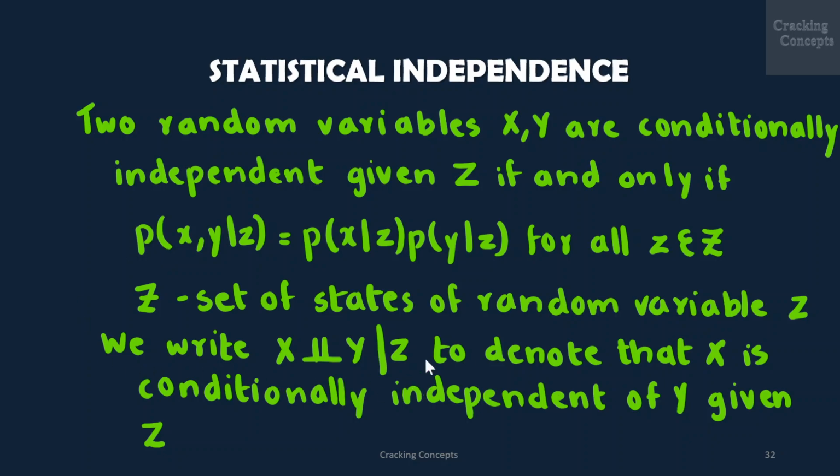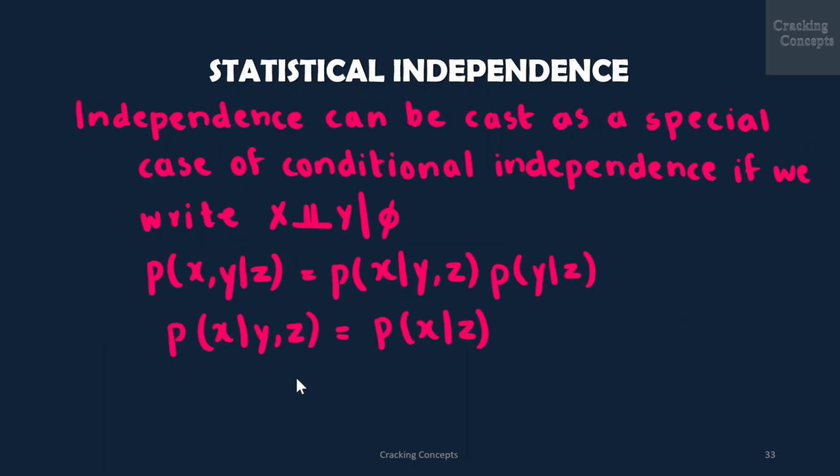We write it in this notation to show that x is conditionally independent of y given z. This definition requires that the relation we just mentioned before must hold true for every value of z. The interpretation can be understood as, given knowledge about z, the distribution of x and y factorize.